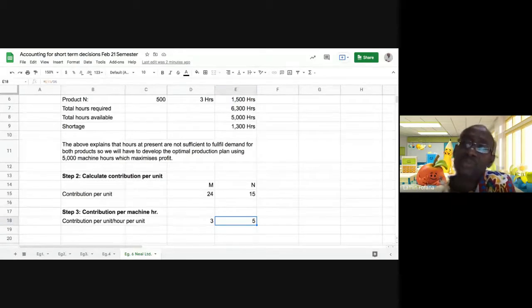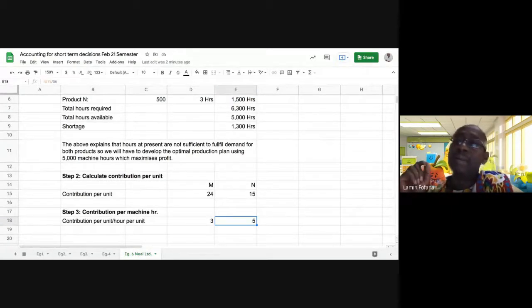In this case, we're looking at the product that's going to give us high contribution per machine hour. So we produce that first, and then the next one, and it follows in that order.